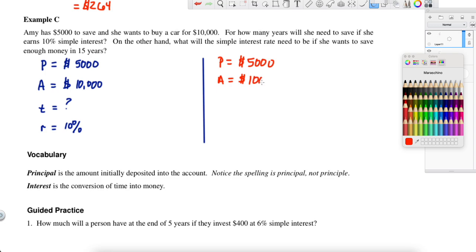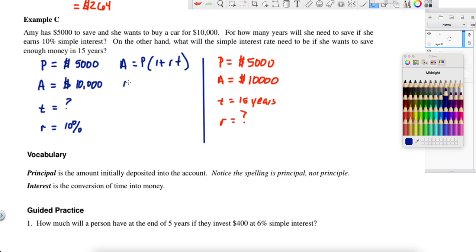Basically, they're going to be pretty similar. But let's say, for the problem's sake, she has 15 years to save, what would the rate need to be? So in this case, we don't know the rate. Okay, so we've got A equals P times 1 plus RT.